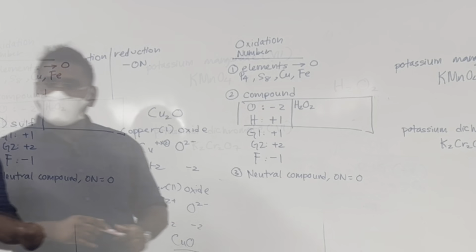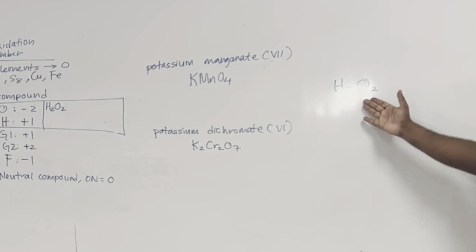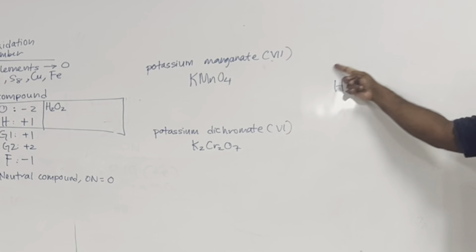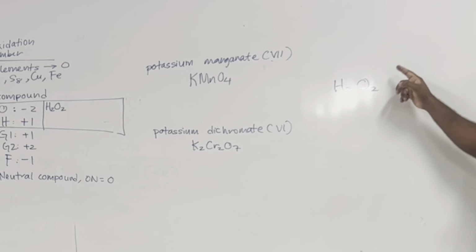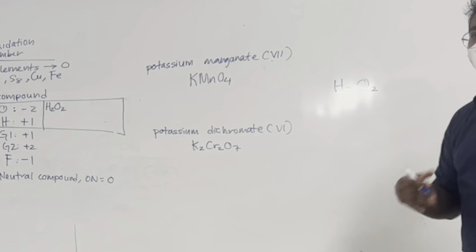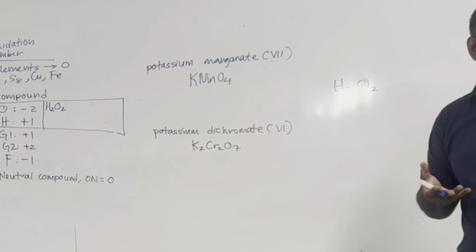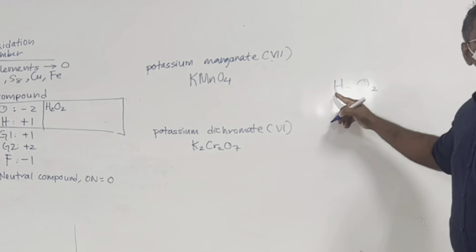What does it mean? This is a compound and this is a neutral compound. The overall oxidation number is 0. So I can calculate now. Hydrogen is always +1. So this is 2 times 1.